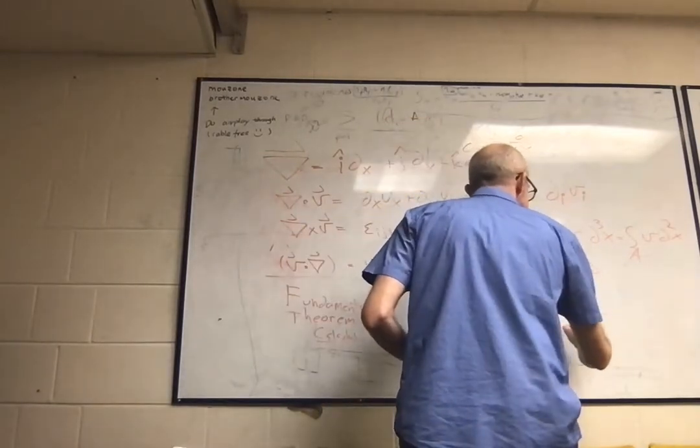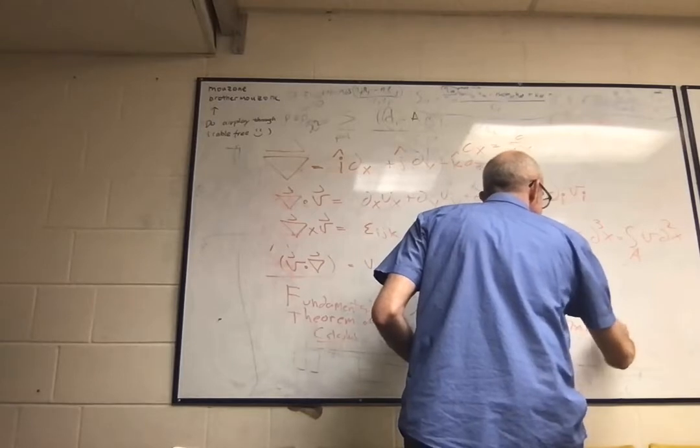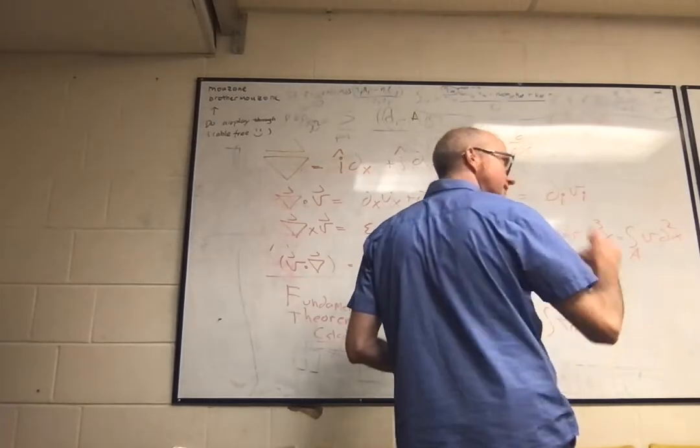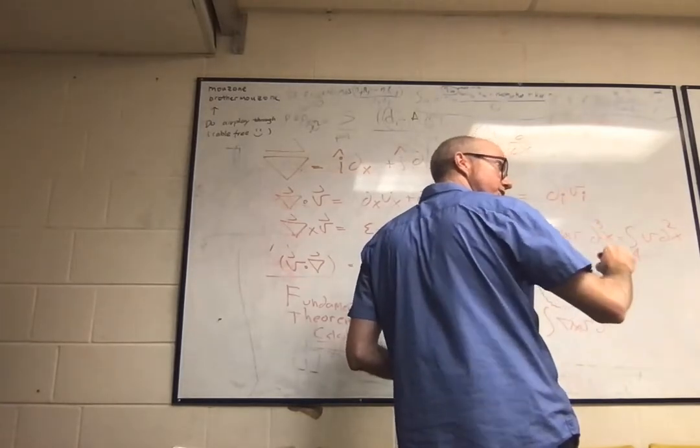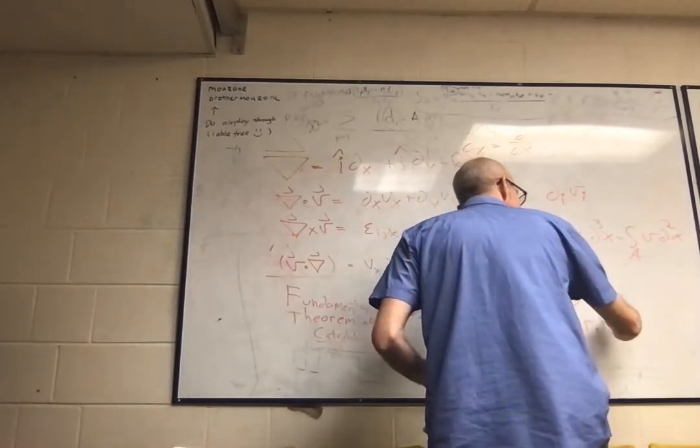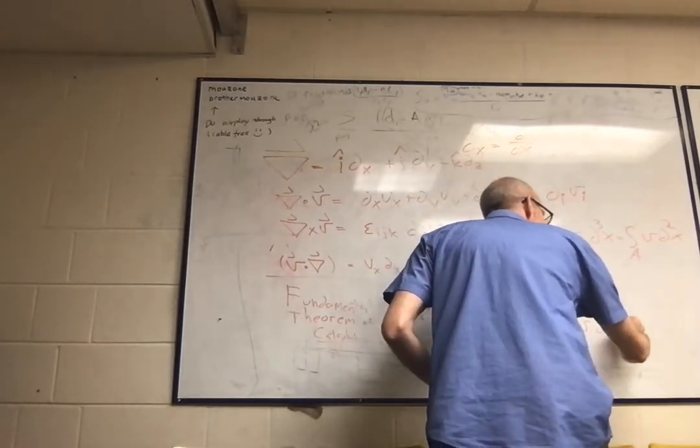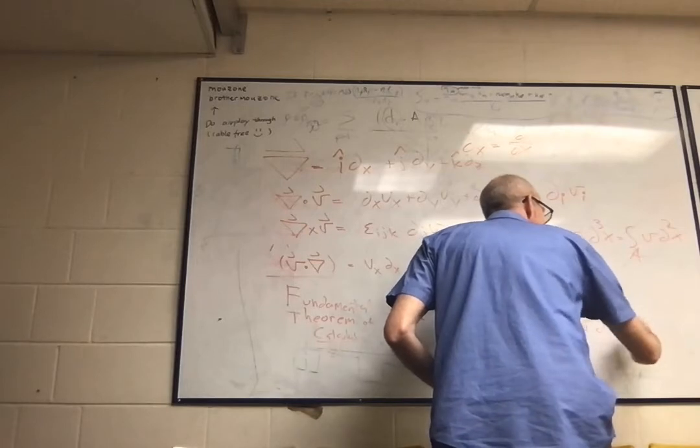Okay. Similarly, if I have a curl of V, and I integrate this, you guys have all seen this before, so feel free to jump in and tell me what I'm going to do. I'm going to integrate this over an area, d squared x.